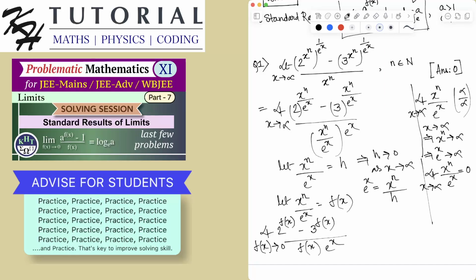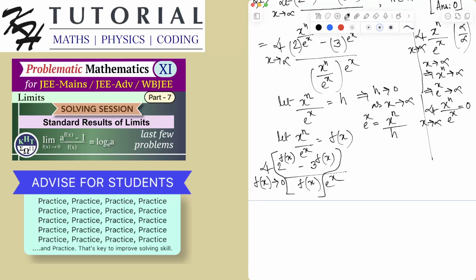Now if you ignore the e to the power x in the denominator, you will see that the limiting value of this part will be a finite value, because f(x) tending to 0, I have already solved this kind of problem in previous videos. This will be a finite value.